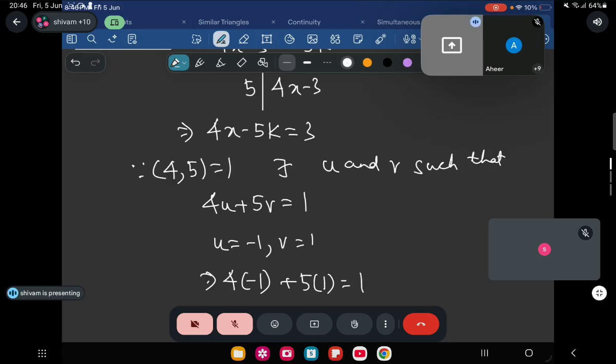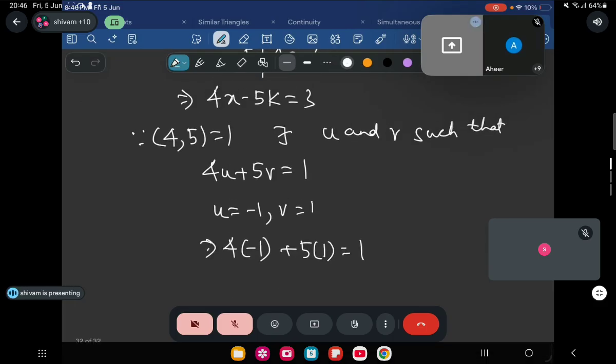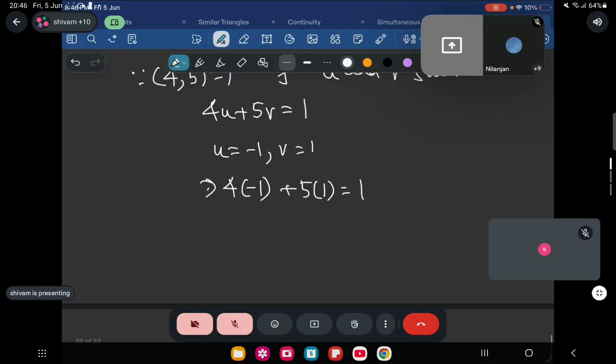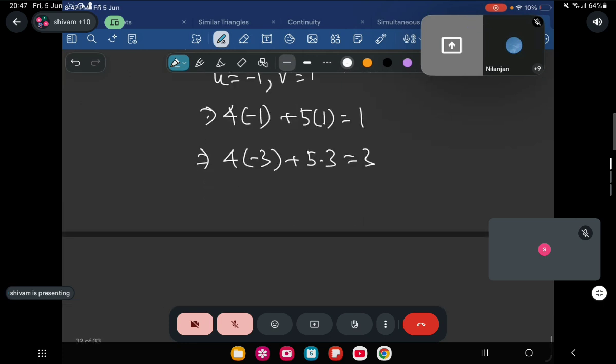Right, Abhijoy, are you getting? Abhijoy, Arush, Venkat, Tishita, Nilanjan, are the people getting? Yes, sir. We should multiply by 3. We'll get 4 into minus 3 plus 5 into 3 is equal to 3. So from here we are getting that 4 into minus 3 is congruent to 0 mod 5.